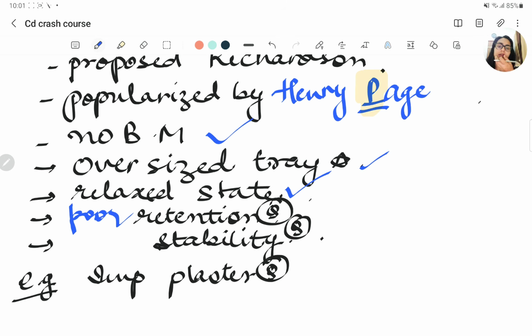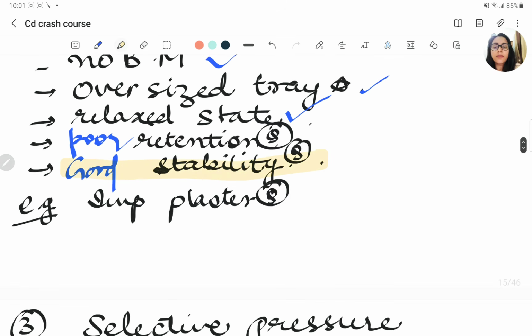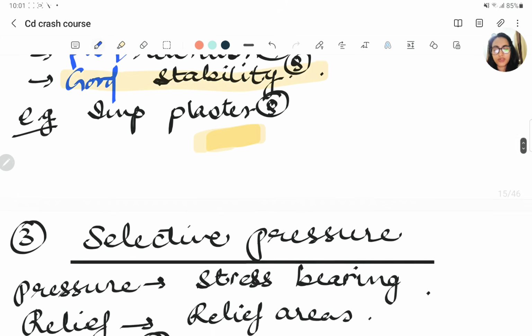In case of maxillary, the denture will fall. So there is going to be poor retention since we are not displacing the tissues. Also, the stability in this particular case is going to be good. So good stability, but poor retention in the mucostatic or passive impression technique. The material which we use is the impression plaster. Basically it's like a plaster, but we use it for taking impressions.